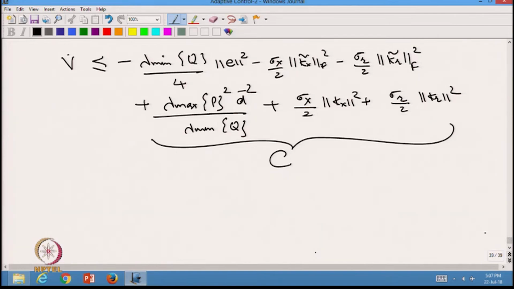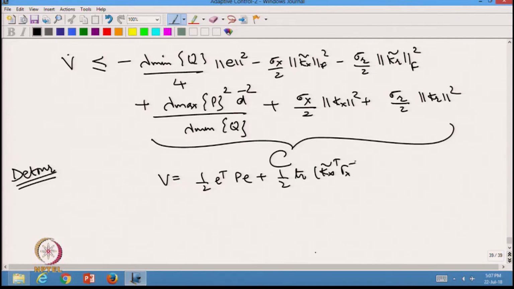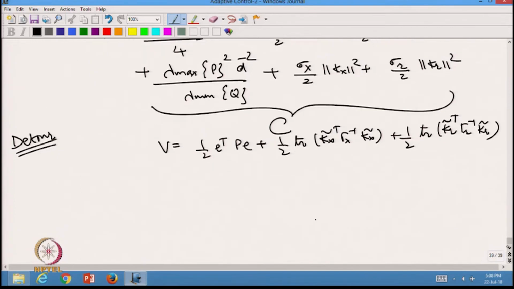But just as a detour, what we look at is the original V. V, if you remember, was half e transpose P e plus half trace of Kx tilde transpose Gamma x inverse Kx tilde plus half trace of Kr tilde transpose Gamma r inverse Kr tilde. So can we upper and lower bound V in terms of norms of these errors?